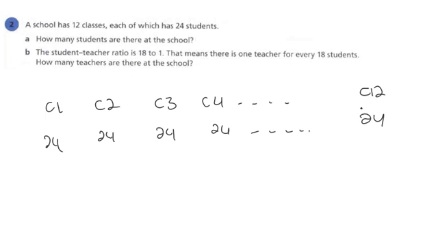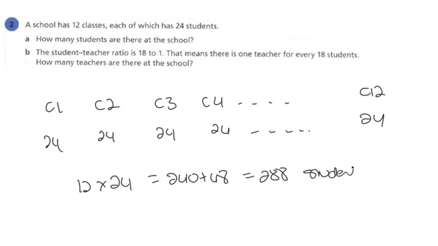Well, if you've got 12 classes and 24 in each class, 24 times 12 would be 48 plus 240 equals 288. So there are 288 students at the school.